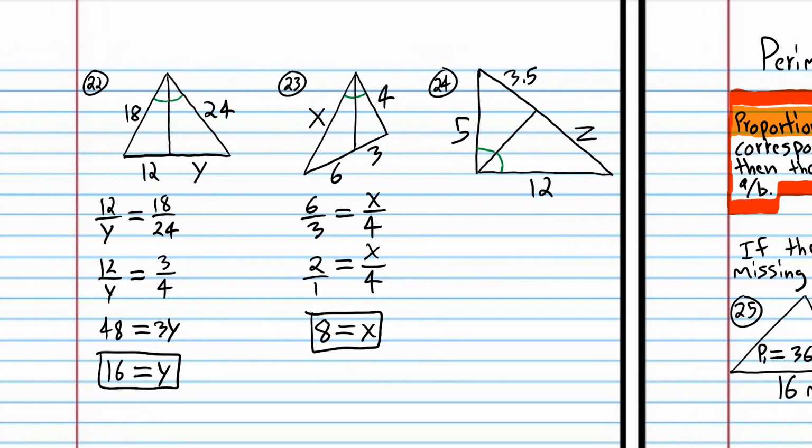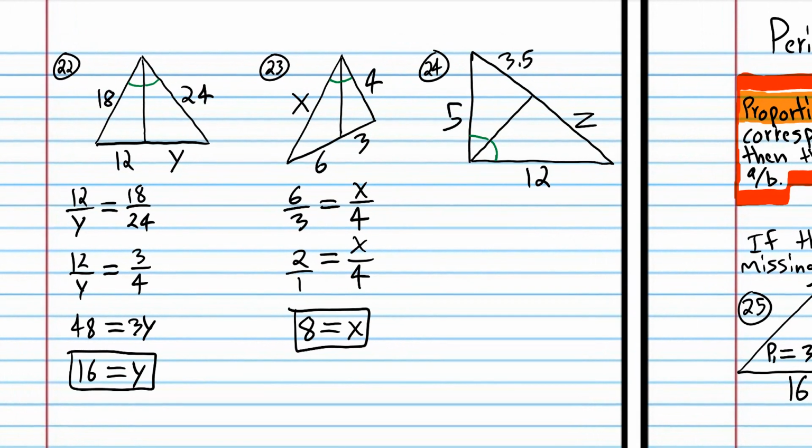Try number 24. You might need a calculator for number 24. And when you come back, we'll do it together. All right, we're back. 3.5 over z is equal to 5 over 12. Cross multiply, and we get 5z is equal to 3.5 times 12.